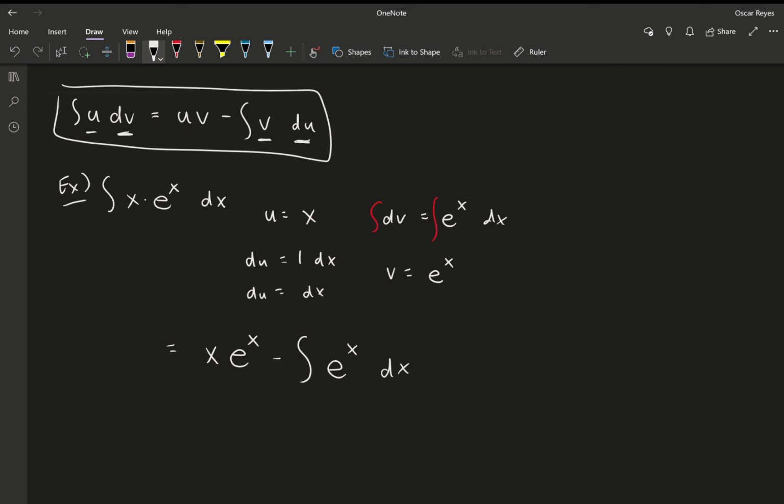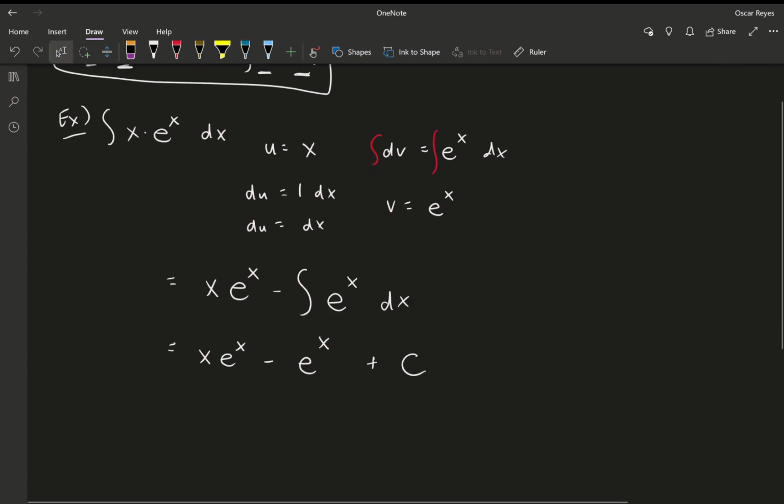So now, this is a lot easier to take an integral of because we don't have a multiplication where we may need an integration by parts. So we're going to be left with x e to the x minus the integral of e to the x. Well, we had already established that, which is basically just e to the x plus some type of constant.